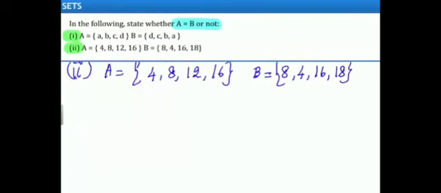In question 2, A = {4, 8, 12, 16} and B = {8, 4, 16, 18}.